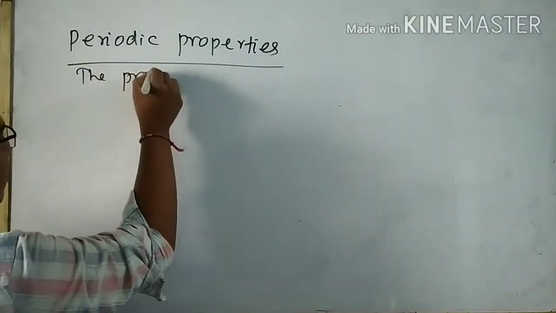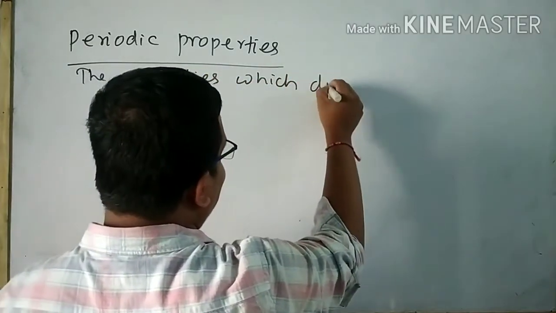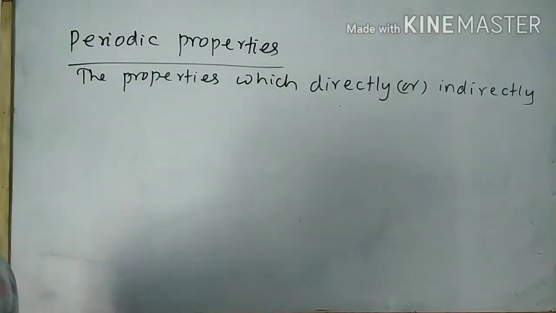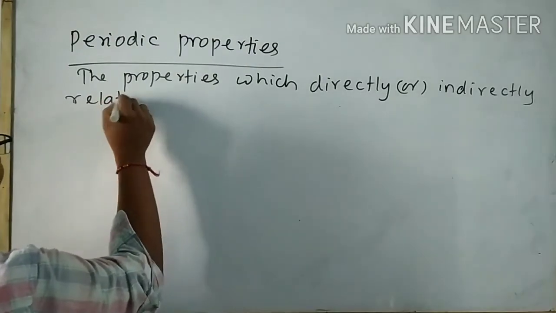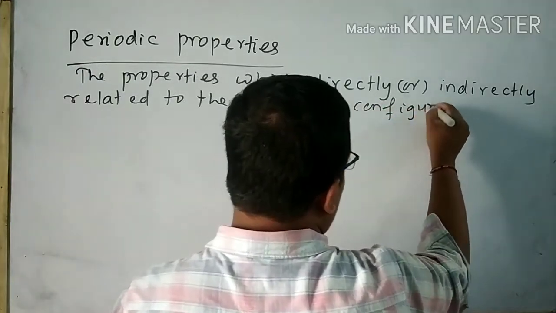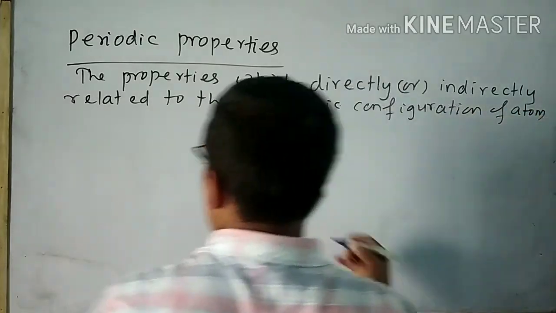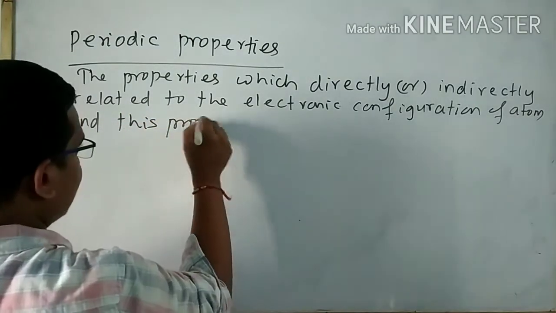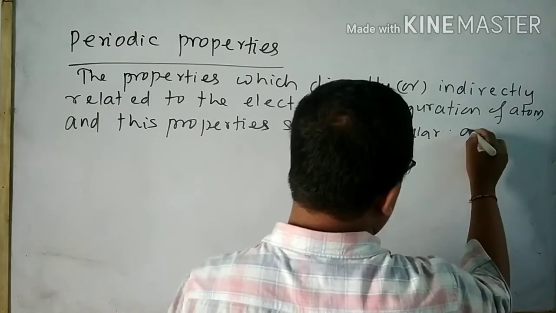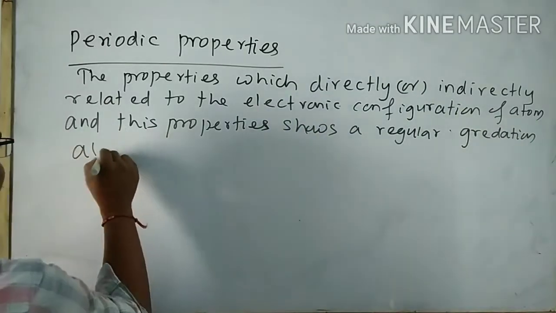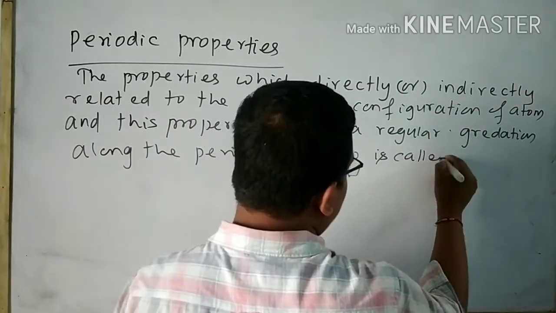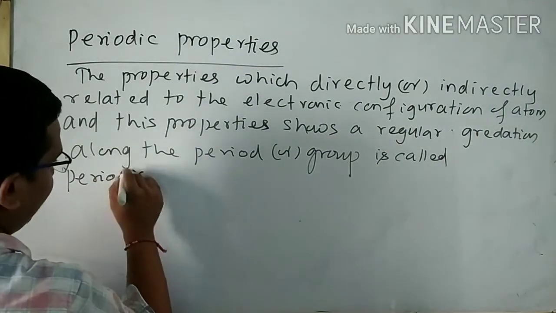The properties which are directly or indirectly related to the electronic configuration of an atom, and which show a regular gradation along the period or group, are called periodic properties.